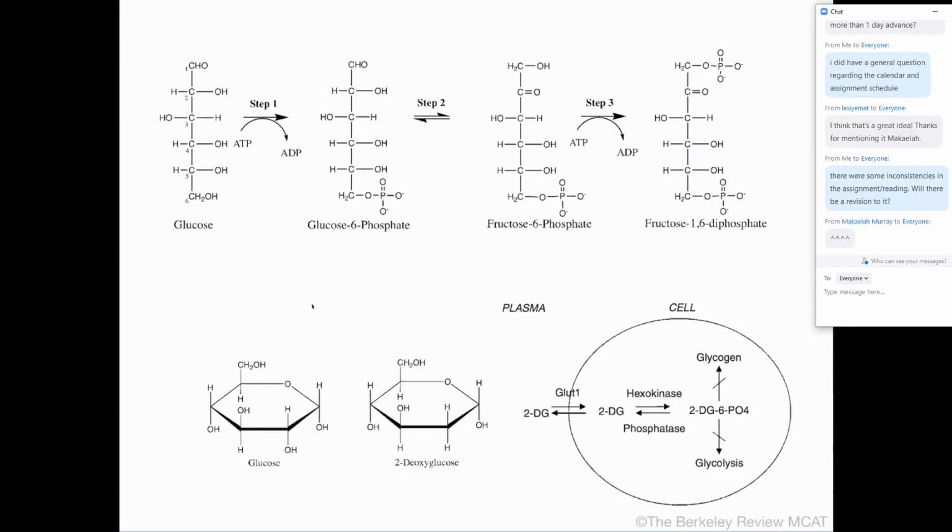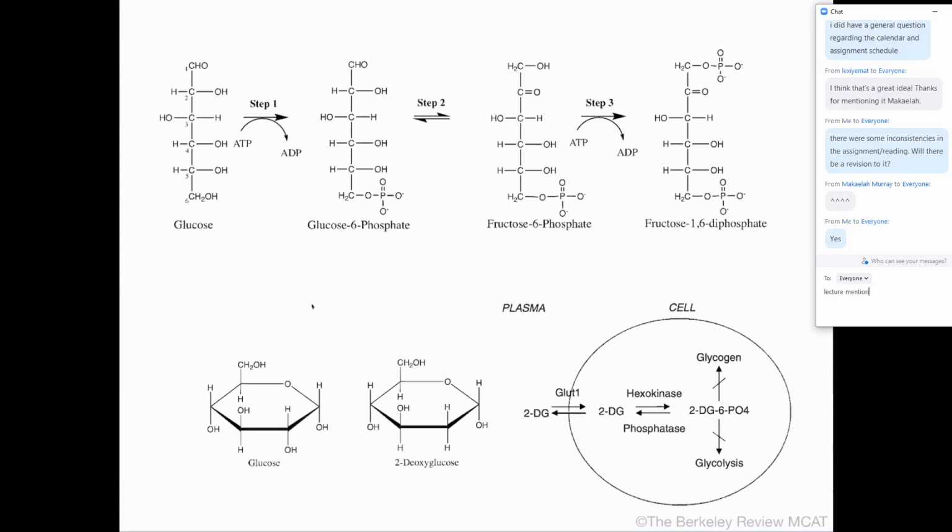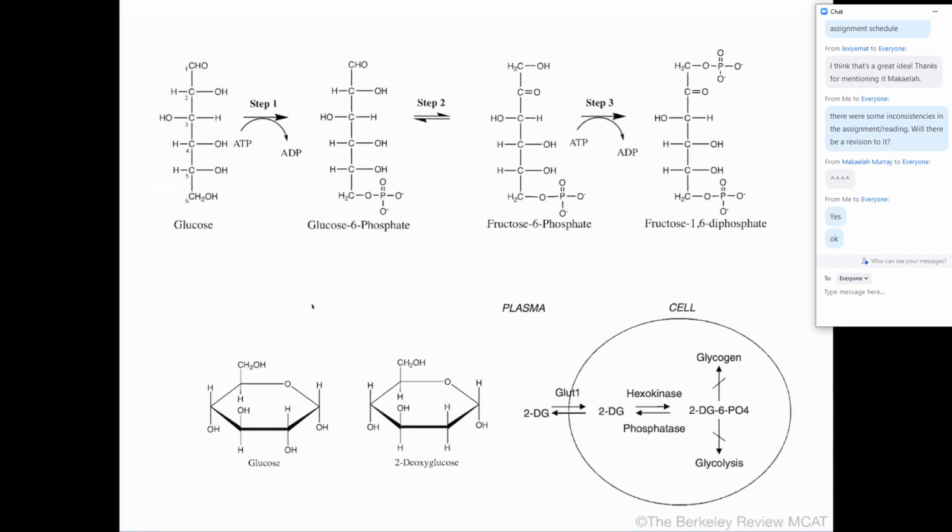And someone says there was inconsistencies in the assignment. What was the inconsistency? For the bio? I don't think so. What's in those assignments is what you should do, right?